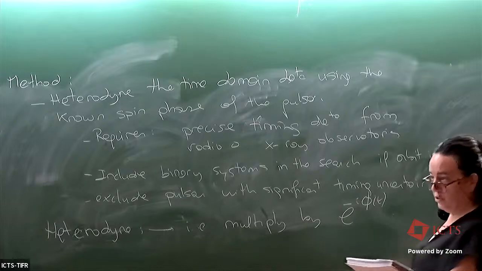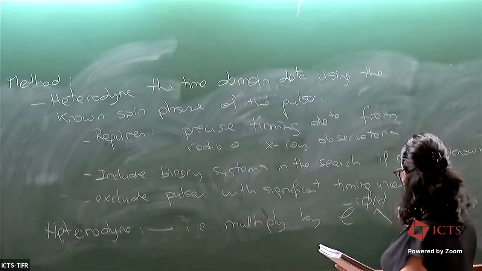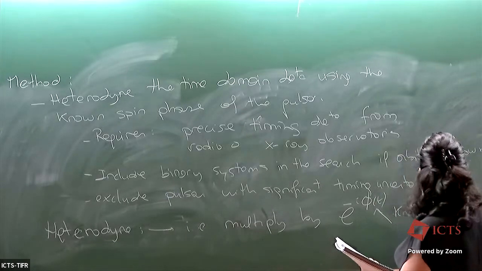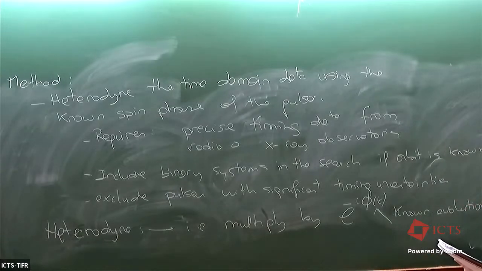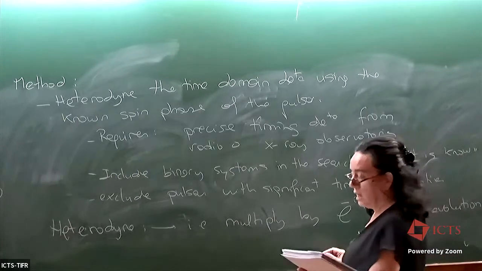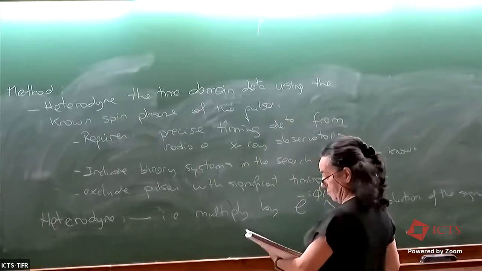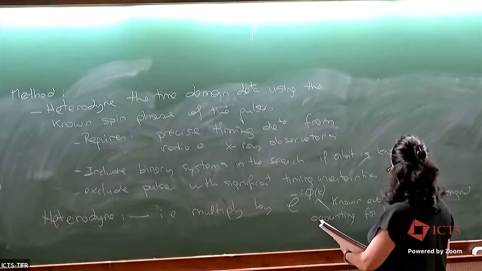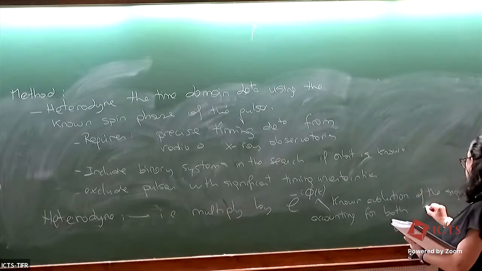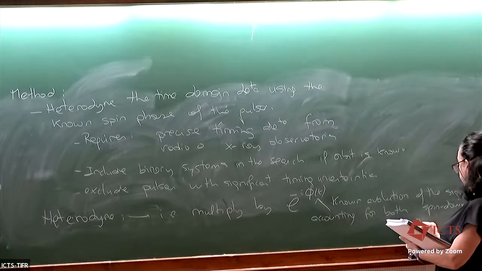So I will be doing this complex multiplication using the known evolution of the signal. And when I do that, I will be accounting for both the spin down and also the Doppler shift.